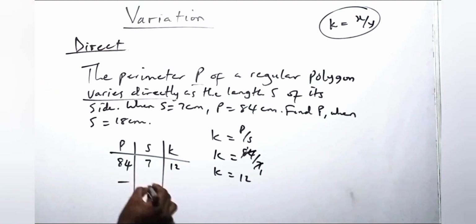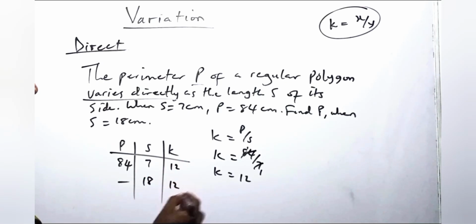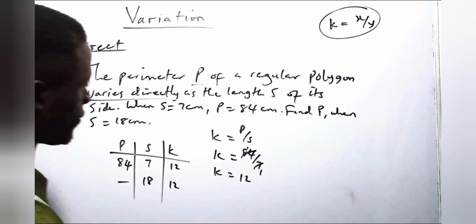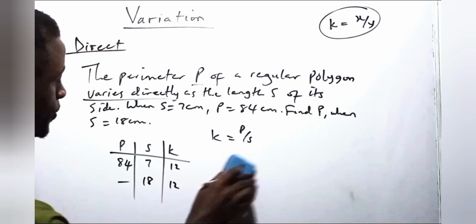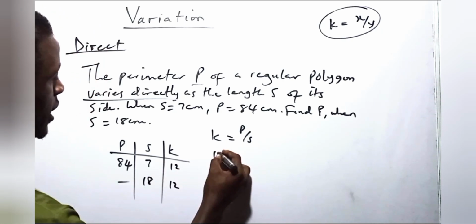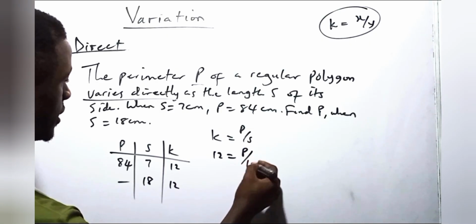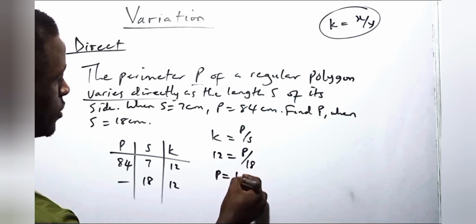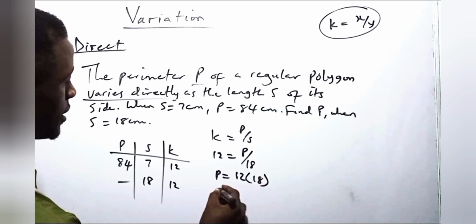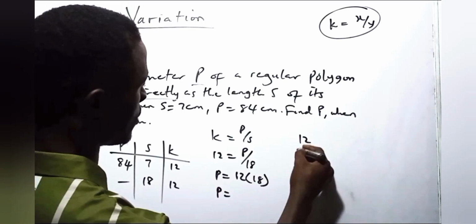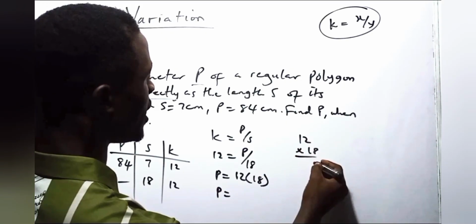The question now asks us to find P when S is 18. And we know that K will be constant all through. So K here will be 12. So if K is 12, how do we find P? K is already 12. P is here and S is equal to 18. So just cross multiply. This will be 12 into bracket 18. P is equal to 12 times 18. What will it give us? 8 times 2 is 16.